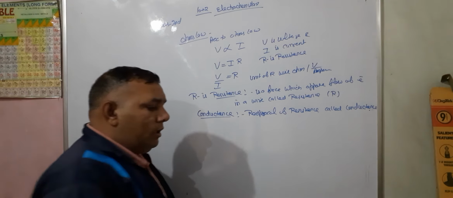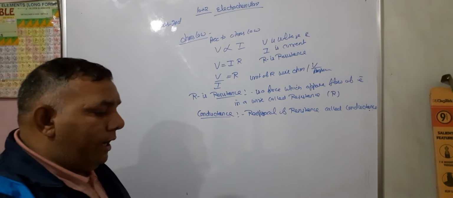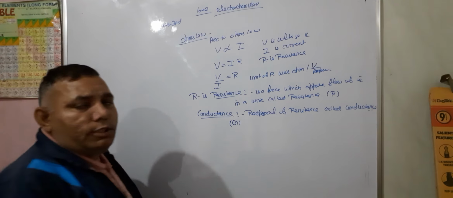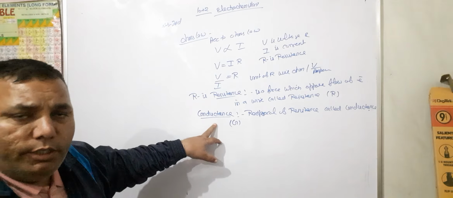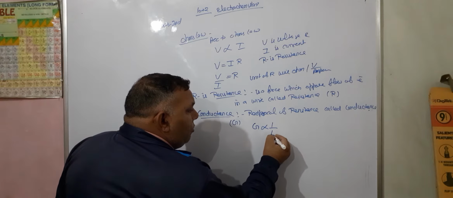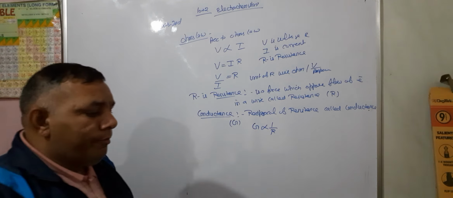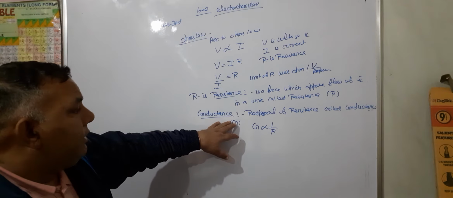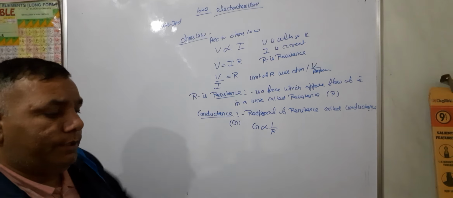That is called conductance, and it is denoted by G. The symbol of conductance will be G, and G is inversely proportional to R. Next, our specific resistance.